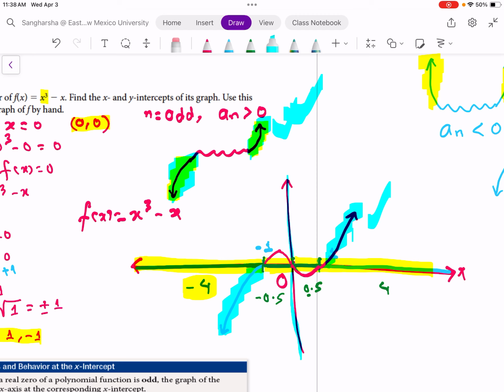Okay, so let me take, let's not take a cubic function. Let me go with a different function.